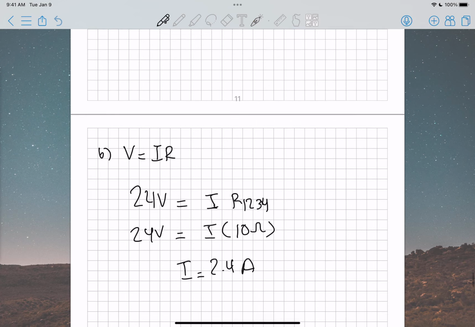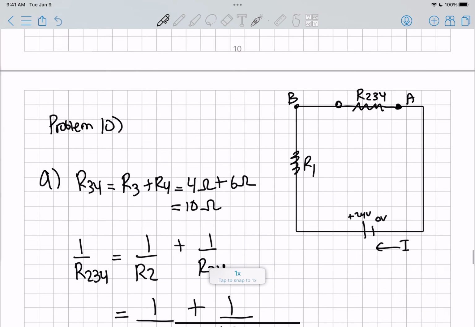But for resistors in parallel, what do we know about the voltage? What is unique about the voltage for resistors in parallel? They are the same, actually. So the voltage for resistors in parallel is going to be the same.